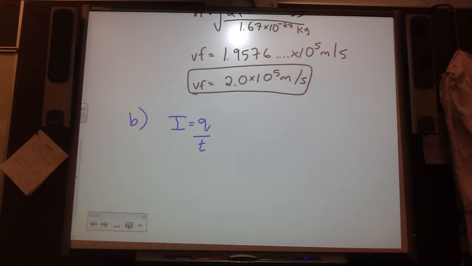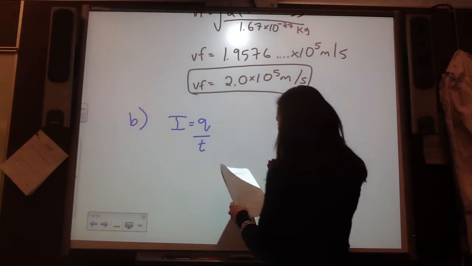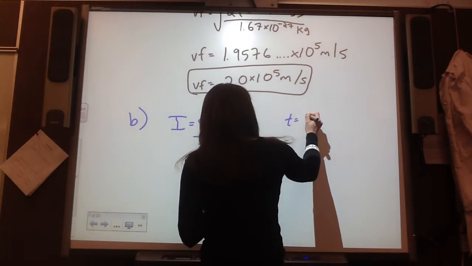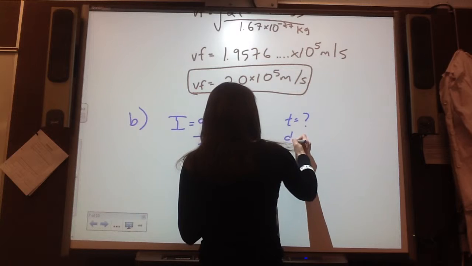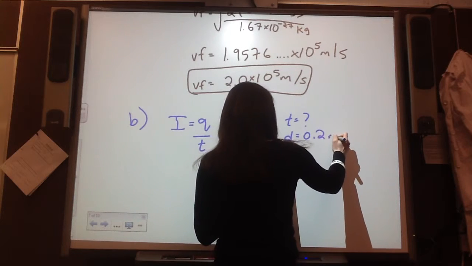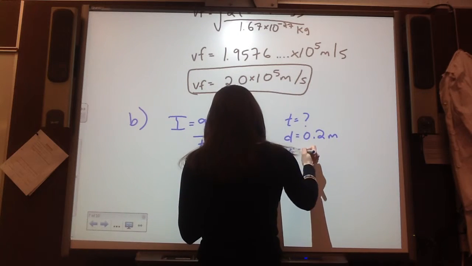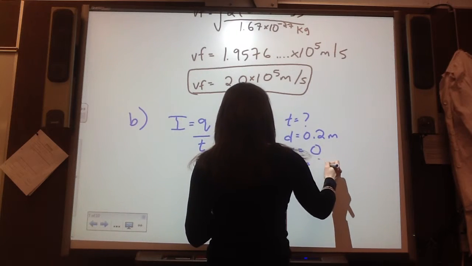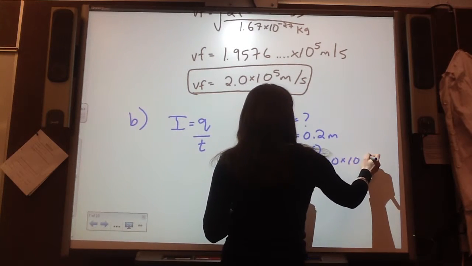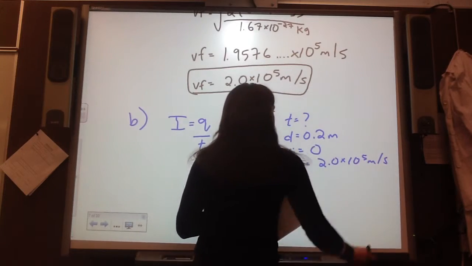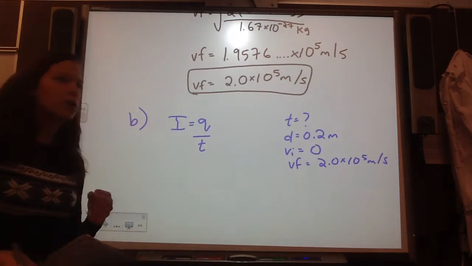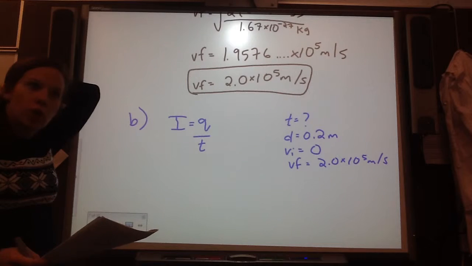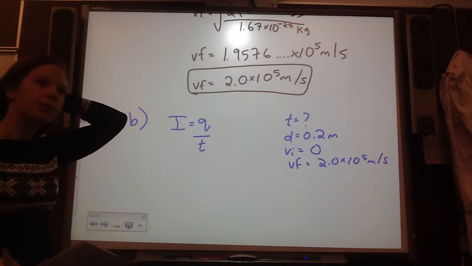T is my question mark, d is 0.2 meters, Vi is 0, and we just found Vf. So we look for an acceleration formula that has all of those variables in it. Which one would that be?